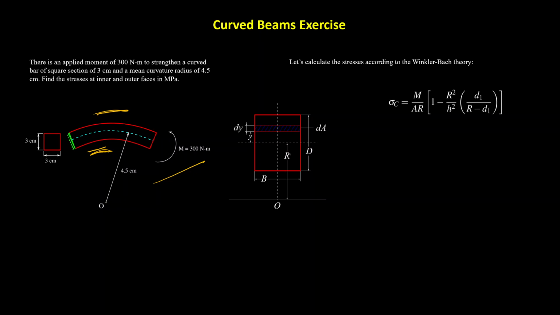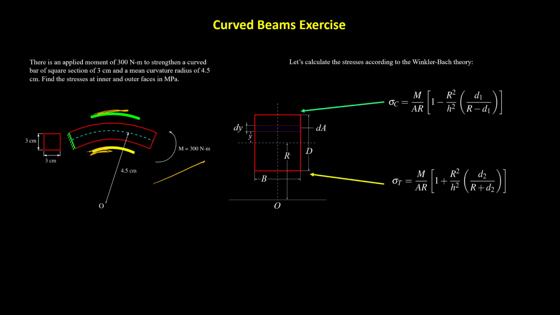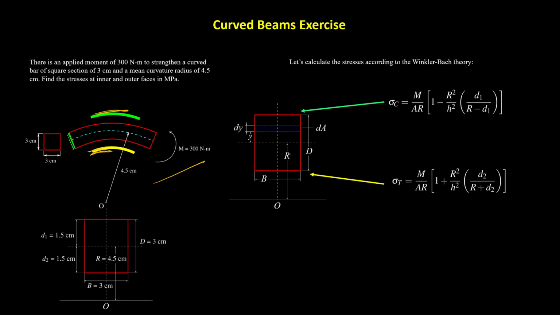Using the terms given in the lecture notes, the compressive stress is determined by this formula here, and the tensile stress by this one here. They're basically the same formula. We are just rearranging the terms a little to consider magnitudes positive. I'm going to tell you which magnitudes we're going to consider always positive, but don't get troubled by this.